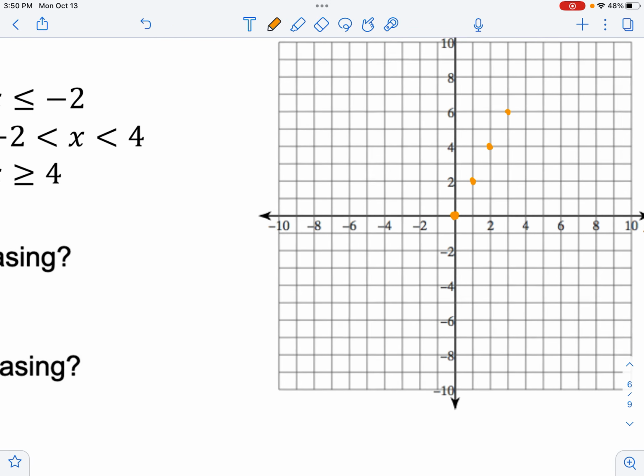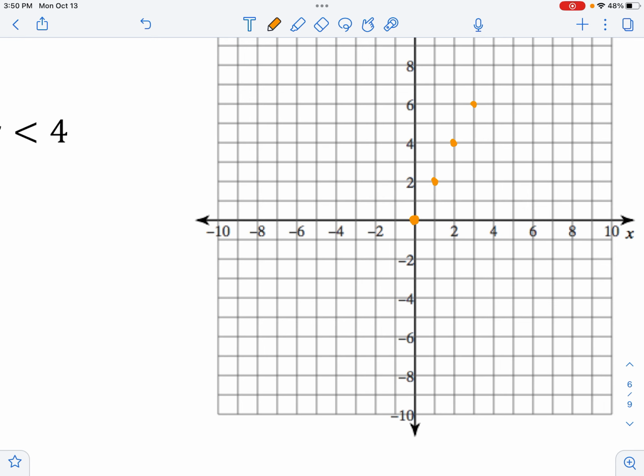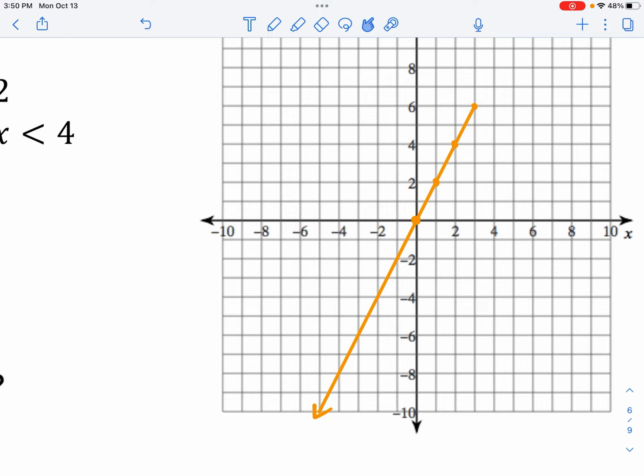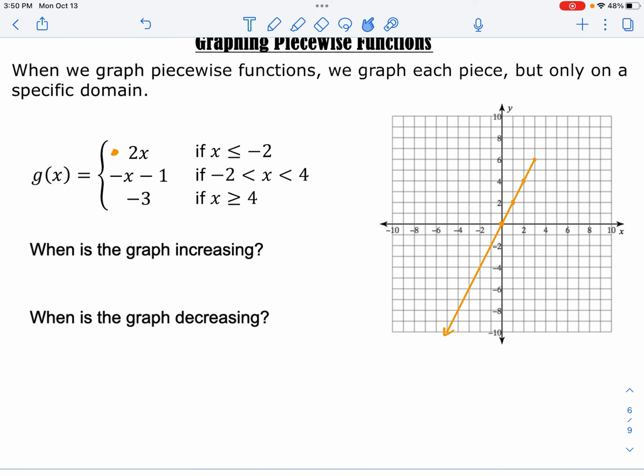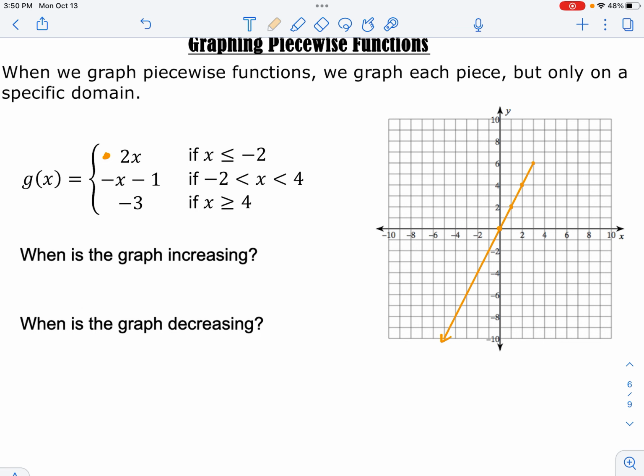So I'm going to make my line here. Now, I want to erase some of this. It says when x is less than or equal to negative 2. So the line right here is negative 2, right?